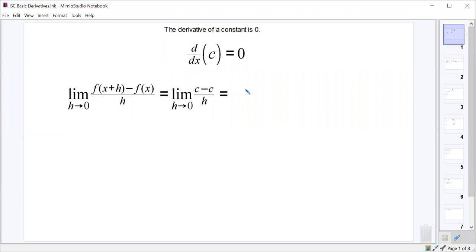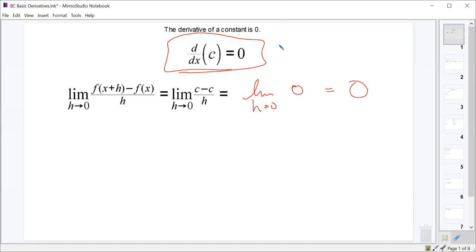Take the derivative of any constant and you get 0, because the function is just a constant, so this ends up being a constant minus the same constant, which is 0. 0 divided by h is 0, so we end up with the limit as h approaches 0 of 0, which is 0. The derivative of any constant is 0.